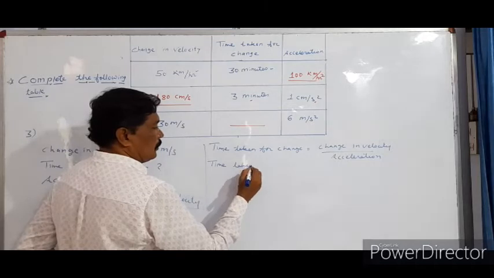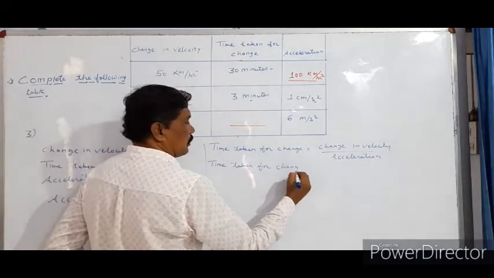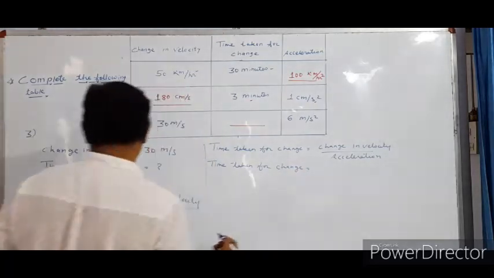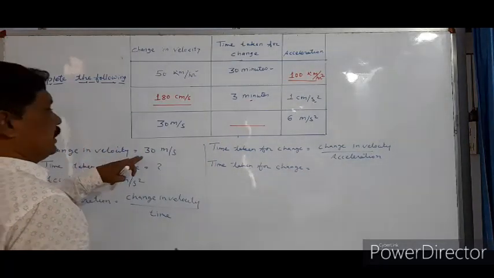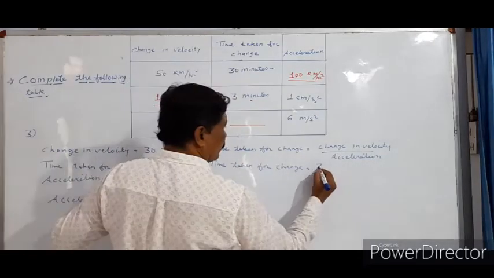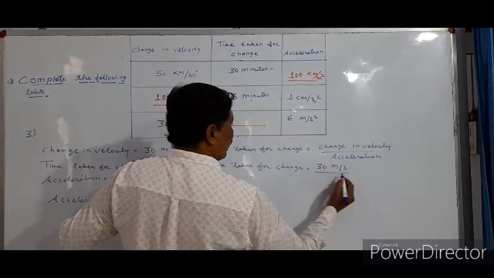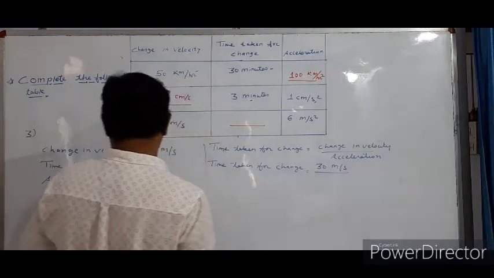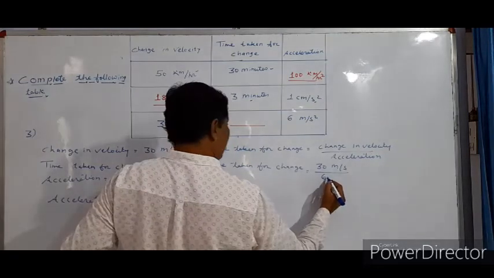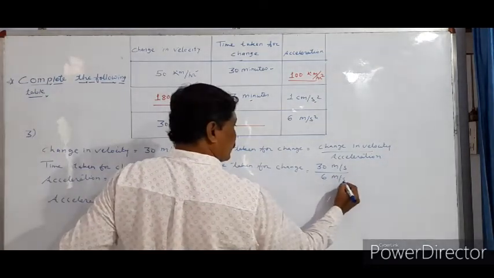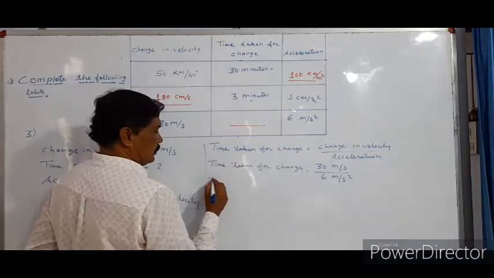Time taken for change is equal to change in velocity, which is 30 meter per second, and acceleration is 6 meter per second square. We can again write it in simple form.